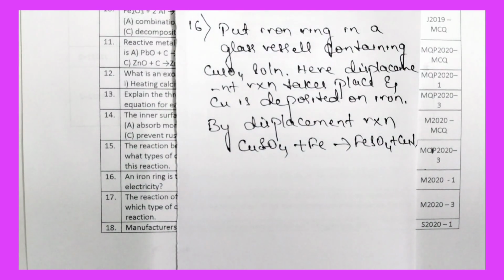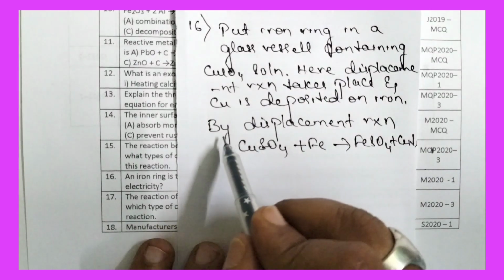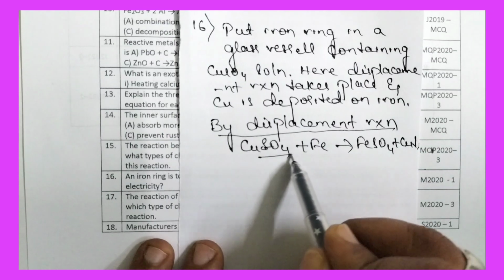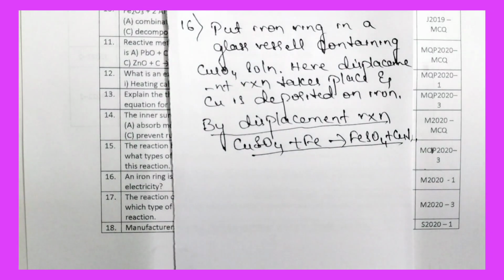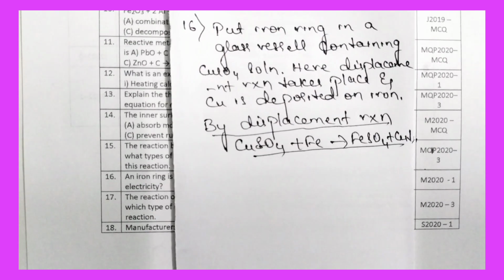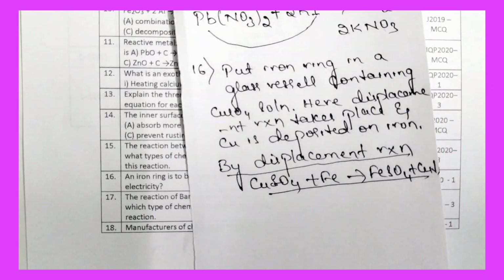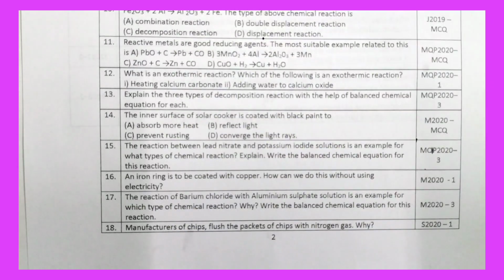So like this we have to answer. So without electricity, by displacement reaction we can deposit copper on iron.